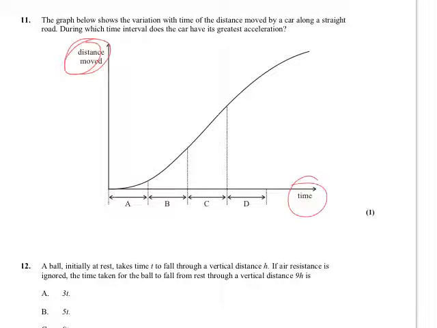So if we find the slope at the beginning of A, and compare it to the slope at the end of A, you can see that there is a change in velocity because there's a change in the slope. And a change in the slope, delta v or v minus u, same thing, over t, is actually an acceleration.